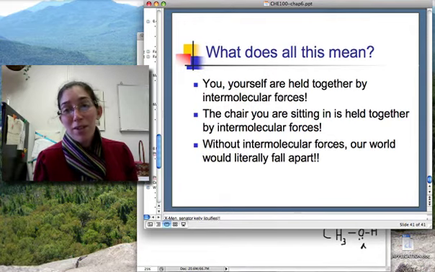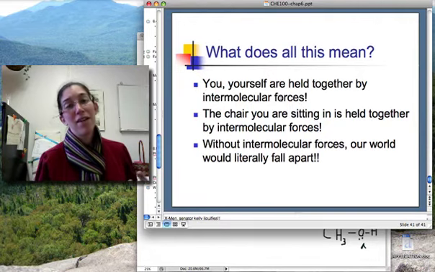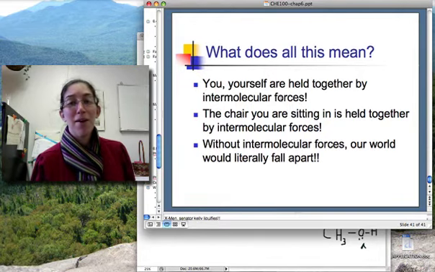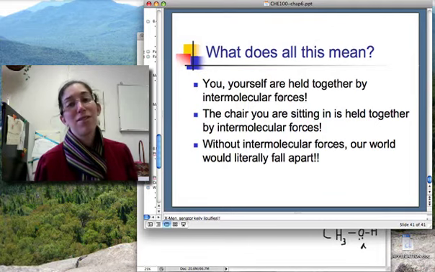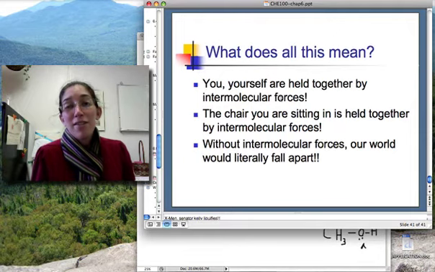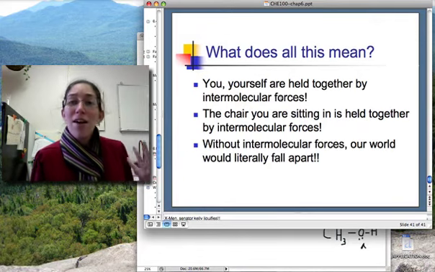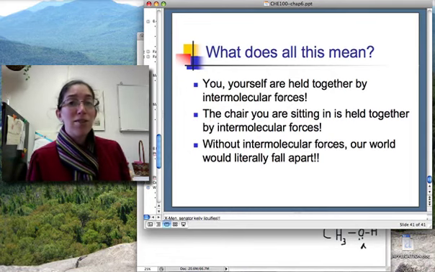In the next chapter, we're going to talk about solutions. So we're going to apply some of this stuff that we know about whether things are soluble, and then we're going to talk about the different types of solutions. And solution chemistry is physiology. I mean, your body is just a bunch of solutions. Your blood, your spit, all the fluids inside your cells and outside your cells are all solutions.